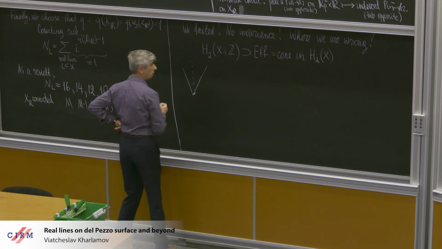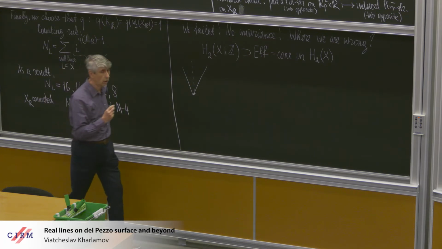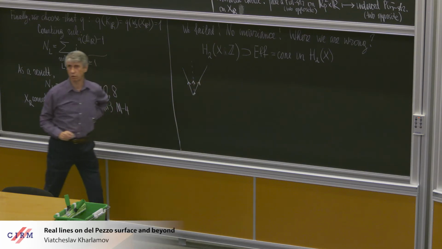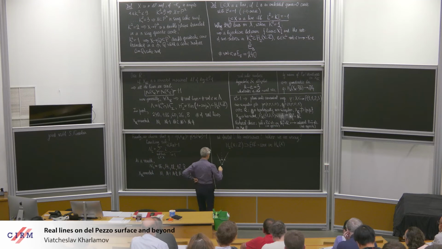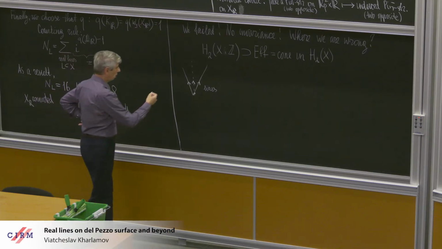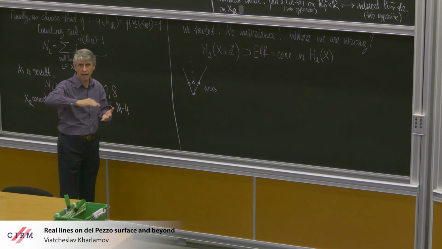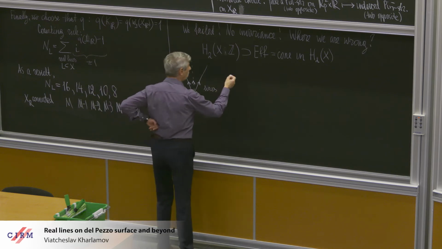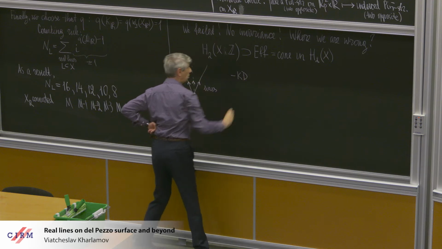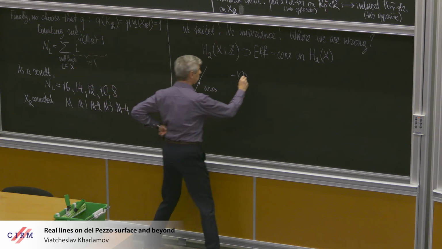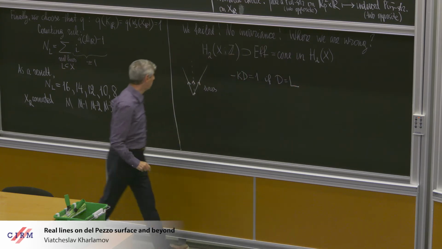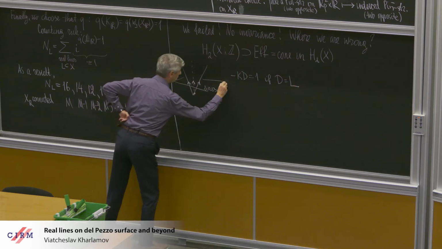It's true that main building blocks of this cone are the lines. So you have the lines, which are generators of this cone. And this cone can be sliced by levels, by taking exactly as I wrote somewhere, minus K·D. Minus K·D is equal to 1 if D is equal to L, a line. So we are on the first level.